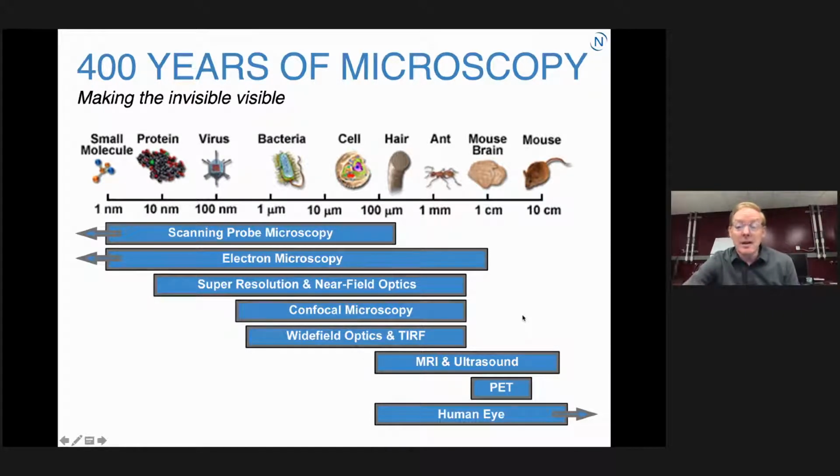We apply them based on their applicability: whether the sample itself can be analyzed, and whether the resolution requirements that we're hoping to achieve can actually be reached. If you look in the lower right corner, you see that our human eye, in this analogy of sight, can see things down to a few hundred microns for most of us. As we want to see things smaller than that, we need to use more advanced techniques, and we're going to hit on a few of those today.